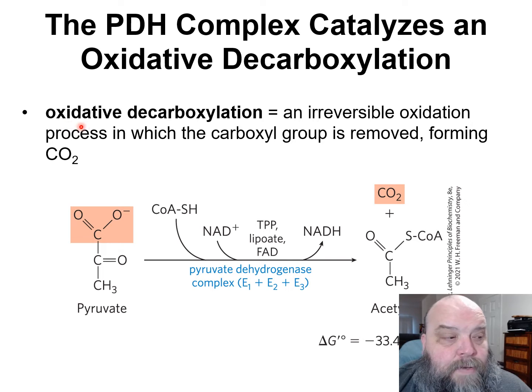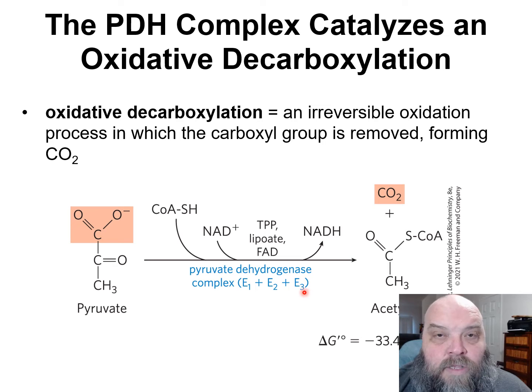So our first step, oxidative decarboxylation. Oxidative, we're going to be doing an oxidation-reduction here. We're going to be removing a hydrogen. And we're going to decarboxylate, meaning we're going to lose a carbon. Coenzyme A is going to work with our PDH complex.